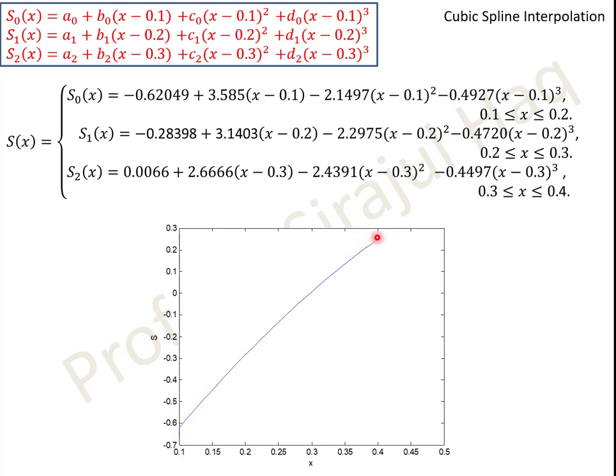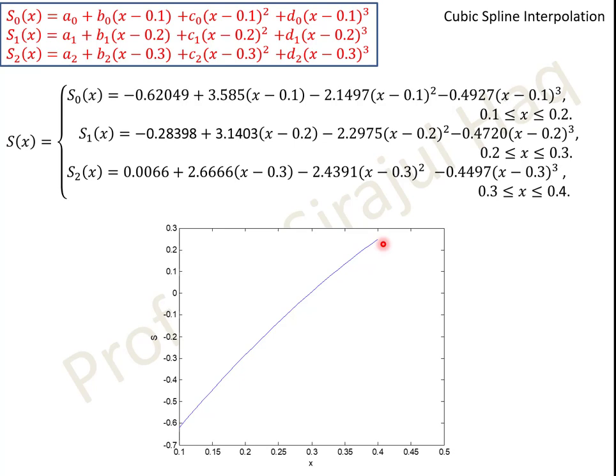Study of the curve means study of your data, which may be some experimental data. You might have collected the data from the field and you replace the data by mathematical expressions. You replace that by a curve, and then you can study whatever you like.